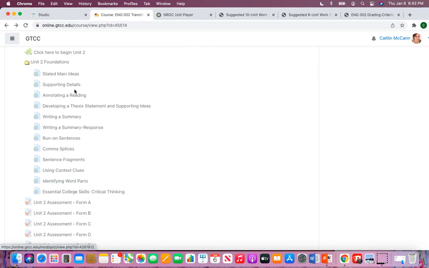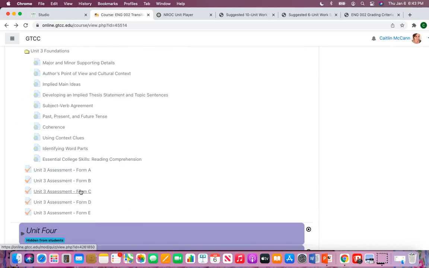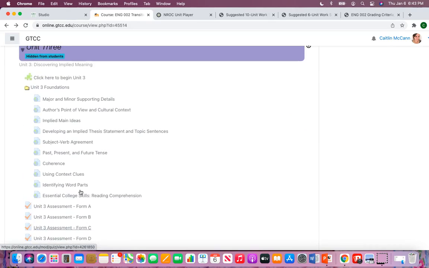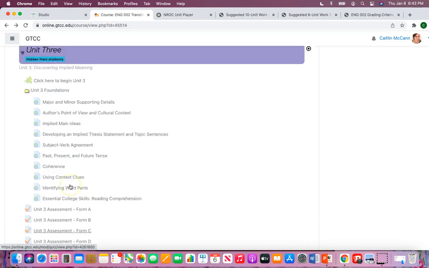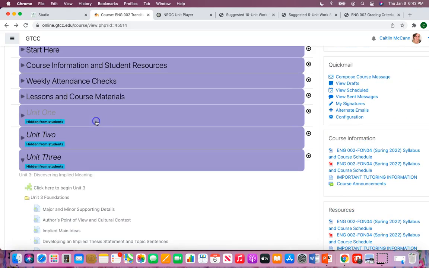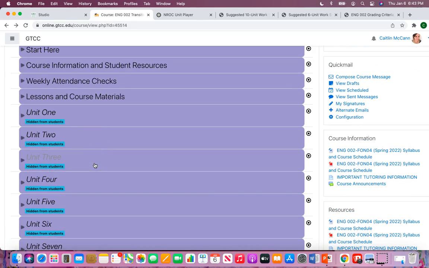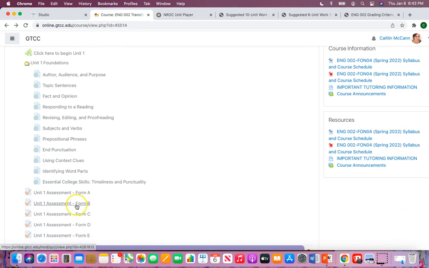And again, this is just to show you that is how every single unit is organized. You have a link to the unit, you have your foundation resources, and you have an assessment. And to reiterate, the units are going to remain locked and restricted until you are in that unit. The same goes for the assessment.